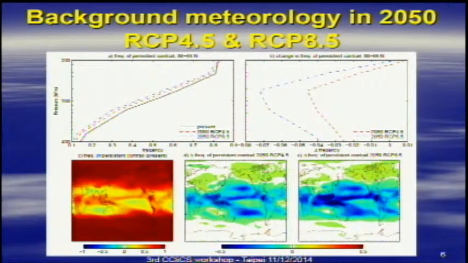The two panels on the right are the difference from the current time in 2050 based on RCP 4.5 and 8.5. So here you have a further reduction in this frequency based on RCP 8.5. If you use the background meteorology from RCP 8.5, you get fewer contrails. Basically, that's what's shown here.